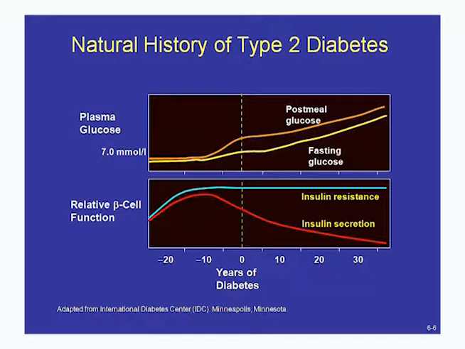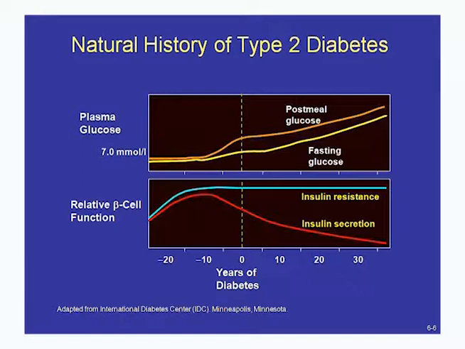And if you see on the top slide there, the yellow line represents the fasting glucose and the orange line represents the 2-hour glucose. The first abnormality that you usually will see is the 2-hour glucose going up, and then the fasting glucose will go up. And of course, there's a threshold that we have created, because you don't go from 5 to 7 overnight.